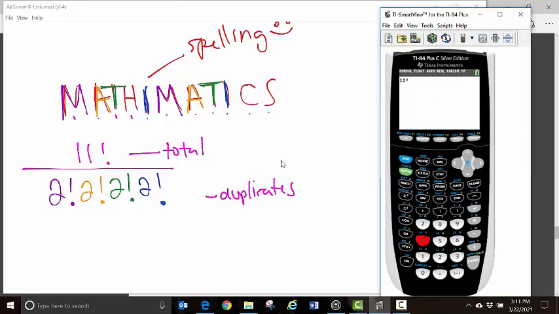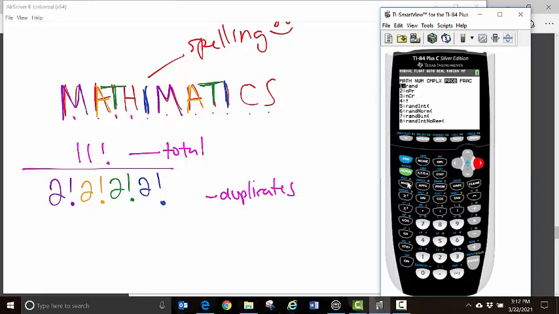11 factorial, and you can hit enter and get the number, but divided by, and now this next part, you'd either need to do it separately or it has to be in parentheses. 2, why did I pick such a big number? Factorial, 2. You don't have to do it all at once.